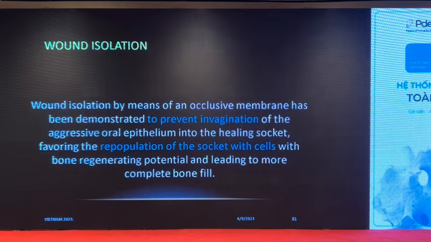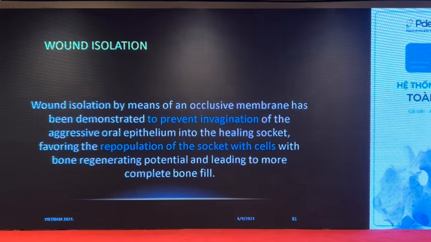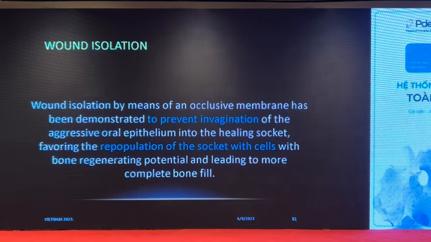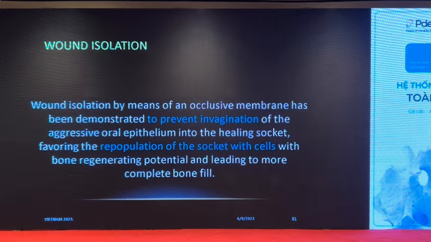This isolation has been demonstrated to prevent invagination of soft tissue, the very aggressive oral epithelium, into the healing socket, favoring the repopulation of the socket with cells with bone regenerating potential and leading to more complete bone fill.